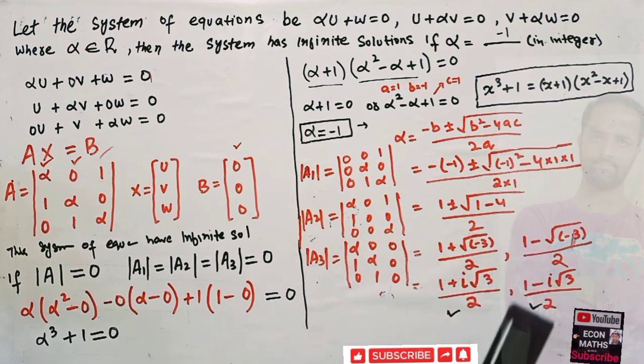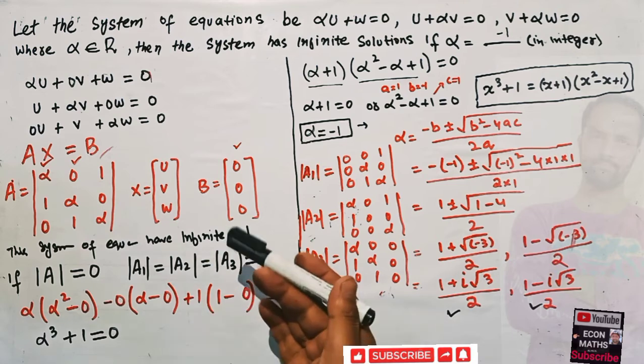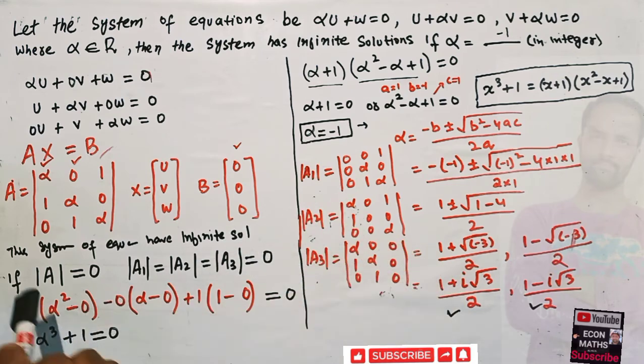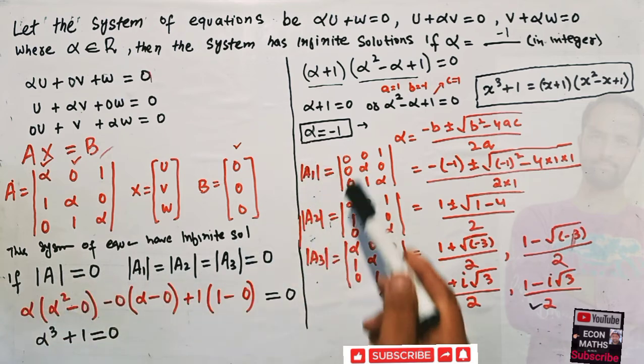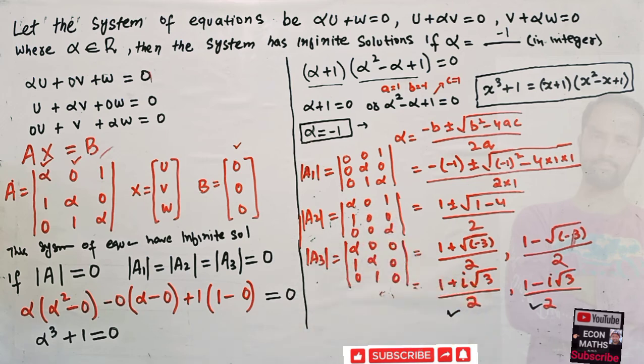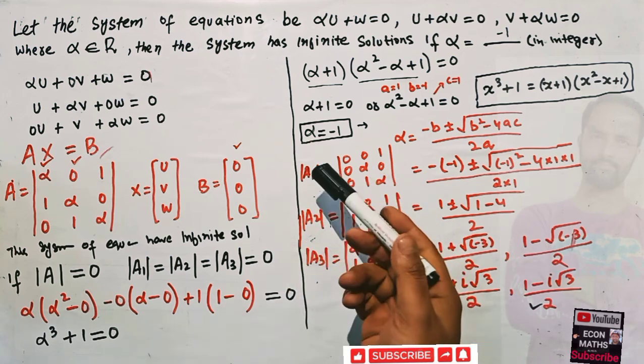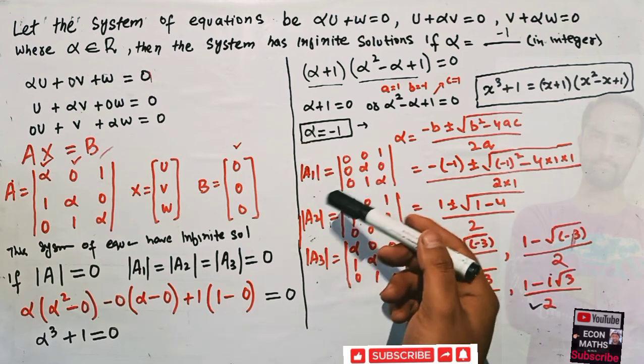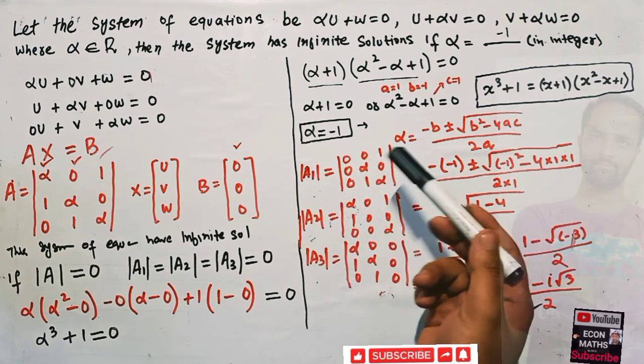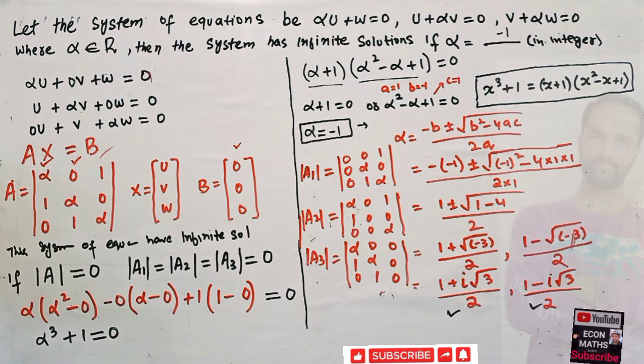So the system of equations will have infinite solutions if the determinant of the coefficient matrix is 0, and the determinant of these special matrices is also equal to 0. If any of these matrices has a non-zero determinant, in this case we would have no solution.